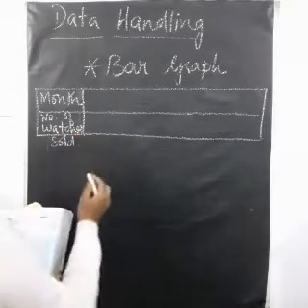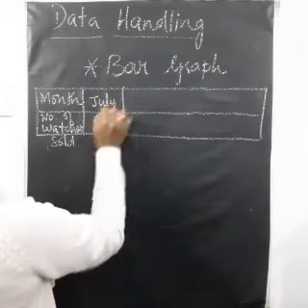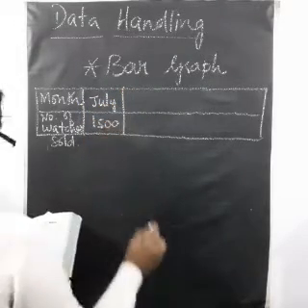Now, in the month of July, 1,000 watches were sold.